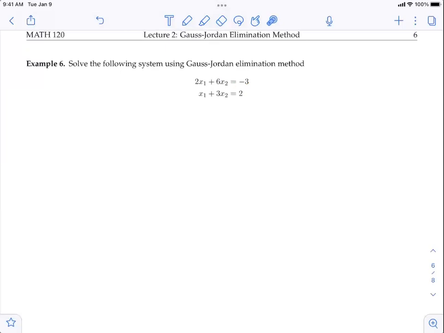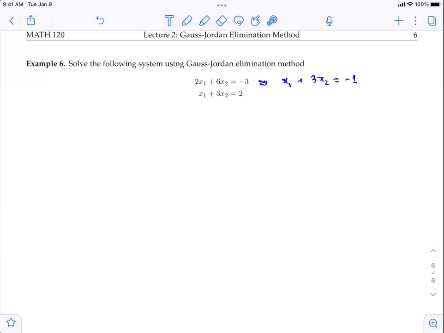Now, again, if you notice this particular system, if you divide both sides of the first equation by 2, what do you get? You get x1 plus 3x2 equal to -1. So in one equation, you have x1 plus 3x2 equal to -1. And the second equation is x1 plus 3x2 equal to 2.